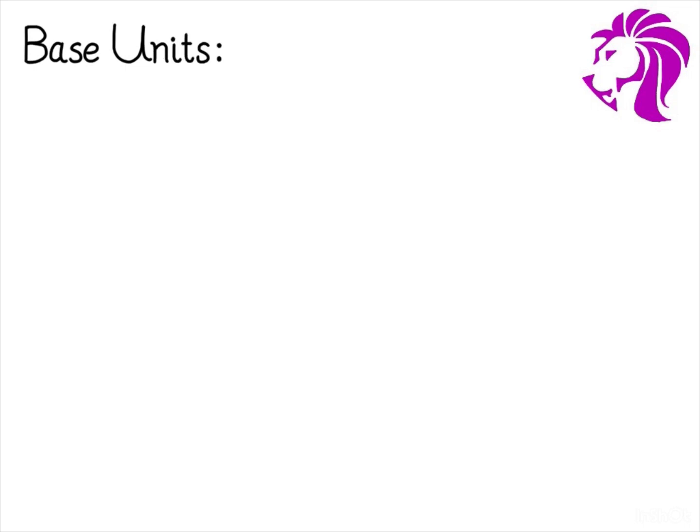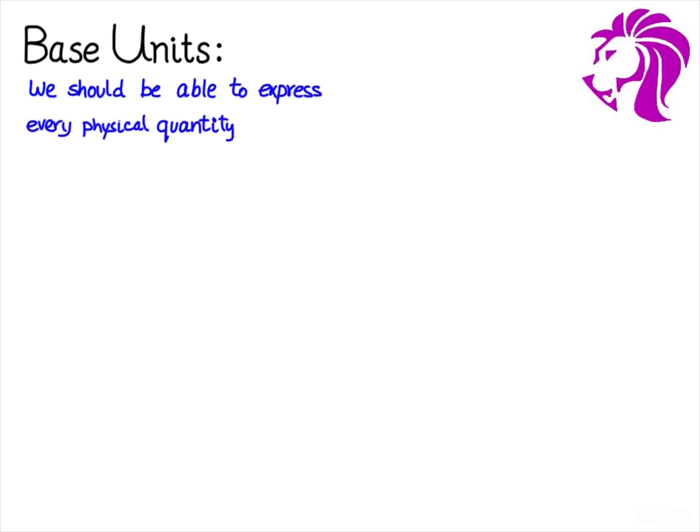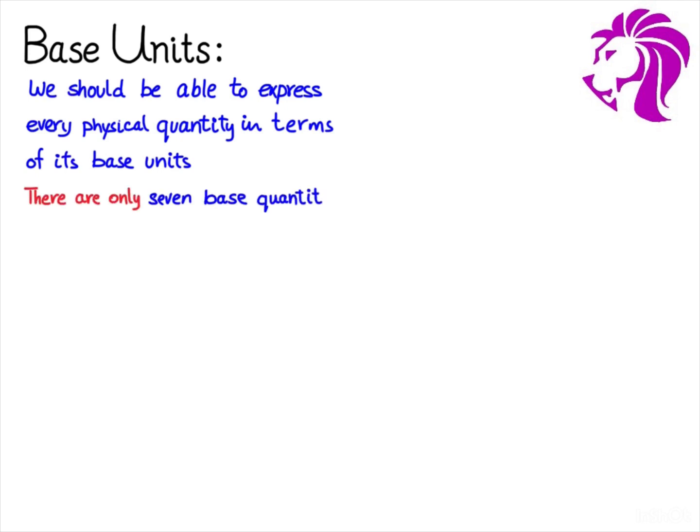So today we are going to move a step ahead and we are going to discuss base units of all the physical quantities. We should be able to express and write every physical quantity that exists in terms of its base units. And we already know that there are only 7 base quantities and their respective 7 base units, which are as follows.